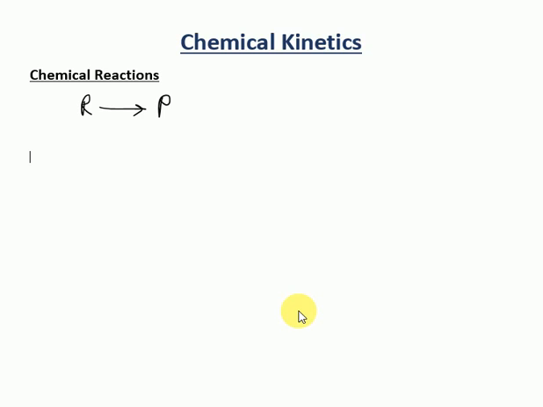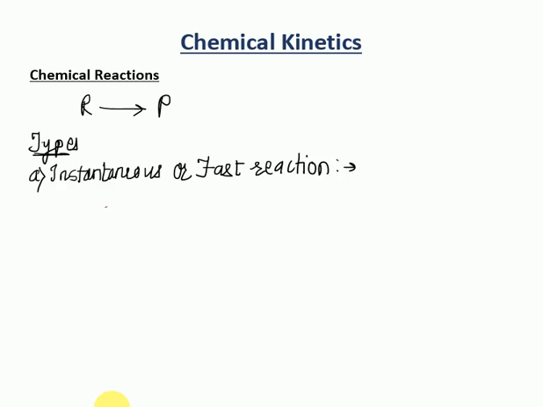The types of chemical reactions. The first type of chemical reaction is the instantaneous or fast reaction. These are in fact very fast reactions, and it is practically impossible to measure the speed of such reactions.